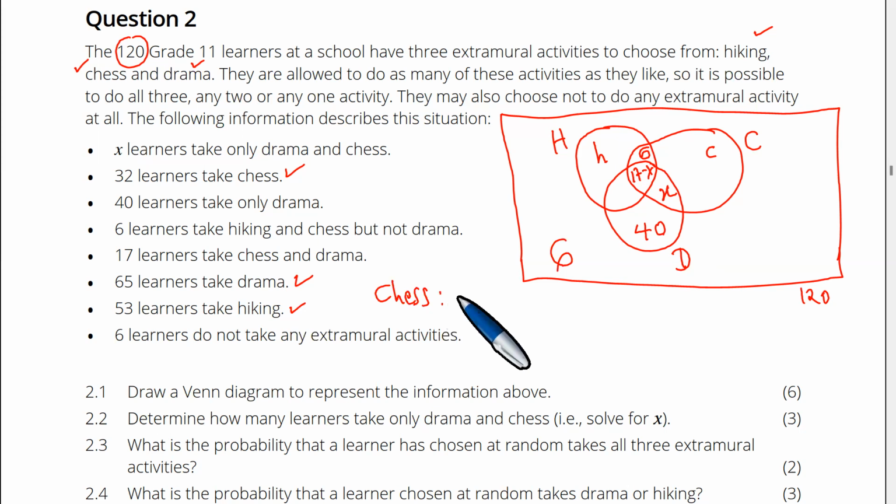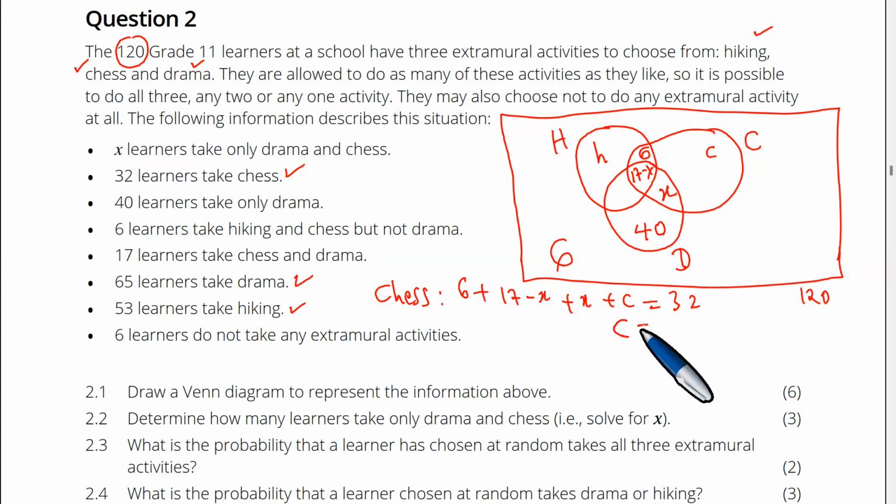So you're going to have 6 plus 17 minus X, plus X, plus C is equal to 32, because there are 32 learners that take chess. So we just need to solve for C here, because we know that minus X plus X is a big 0.